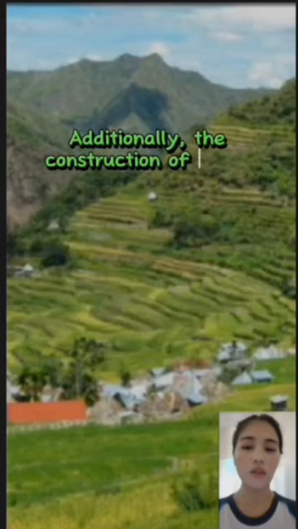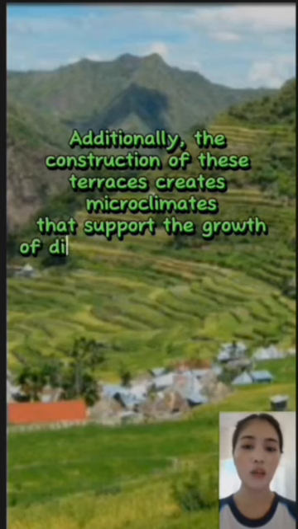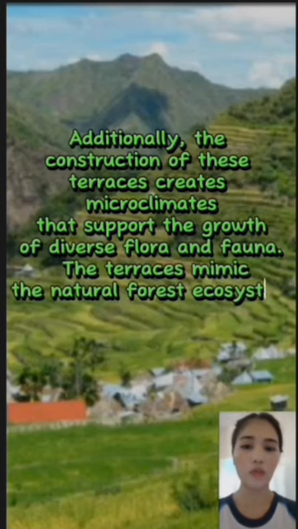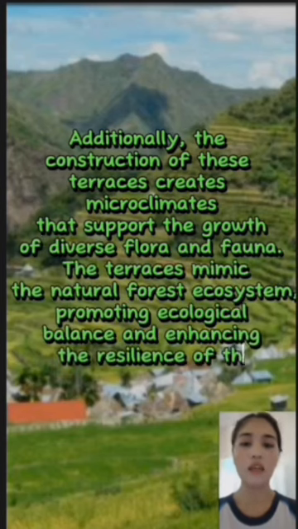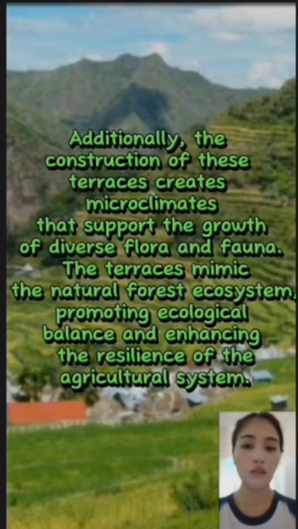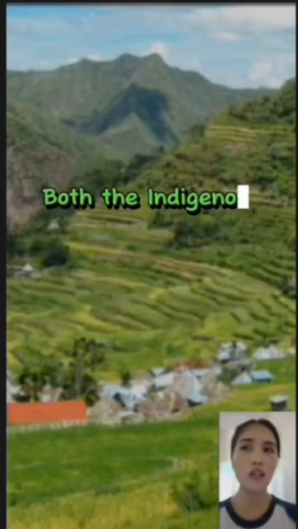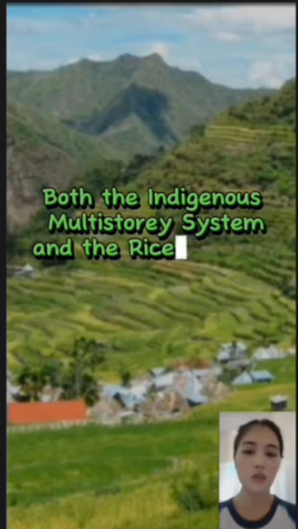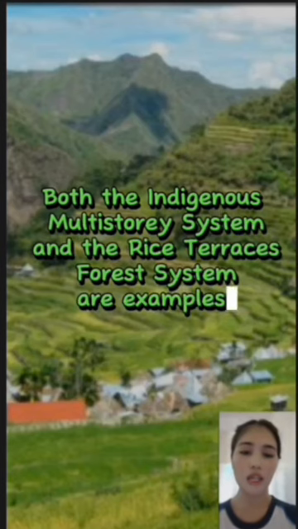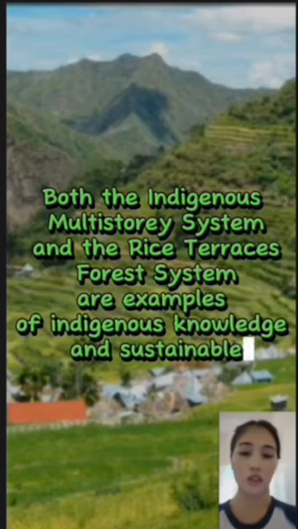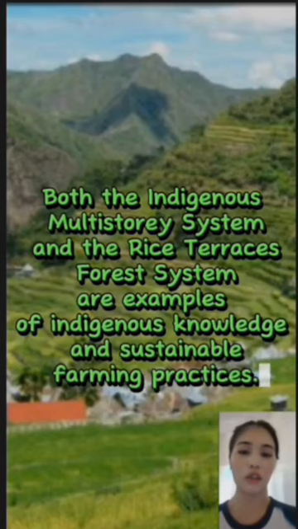Additionally, the construction of these terraces creates microclimates that support the growth of diverse flora and fauna. The terraces mimic the natural forest ecosystem, promoting ecological balance and enhancing the resilience of the agricultural system. So, both the indigenous multi-story system and the rice terraces forest system are examples of indigenous knowledge and sustainable farming practices.